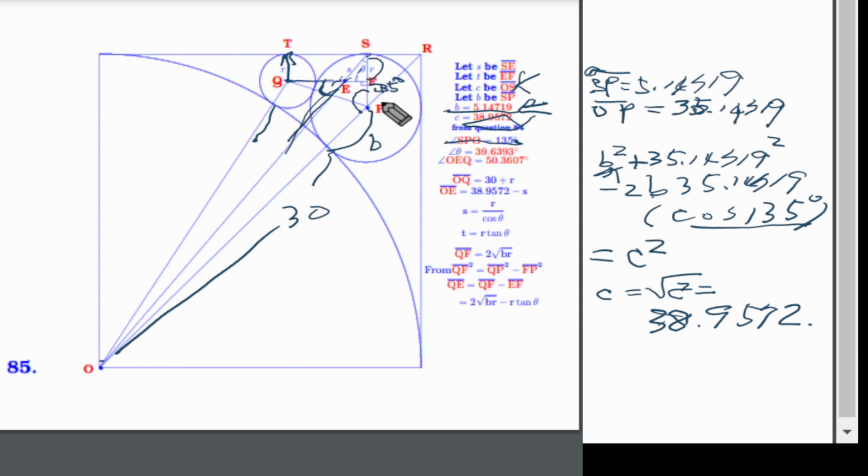SP we already know, this value we already have, and the value of C we have. Then you can probably get this angle, because we need this angle. We cannot get this angle directly, so we have to go one step here and then move on. Now let me erase this.